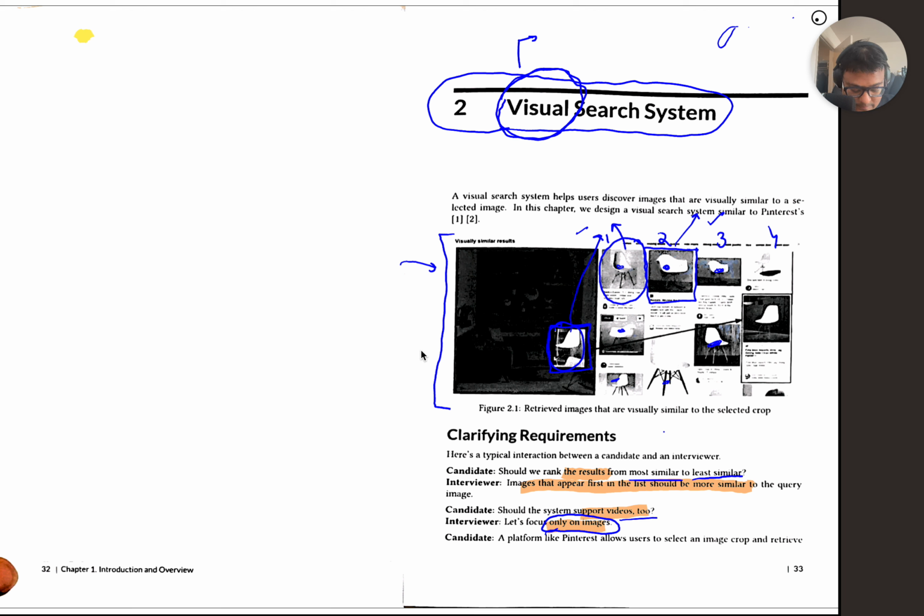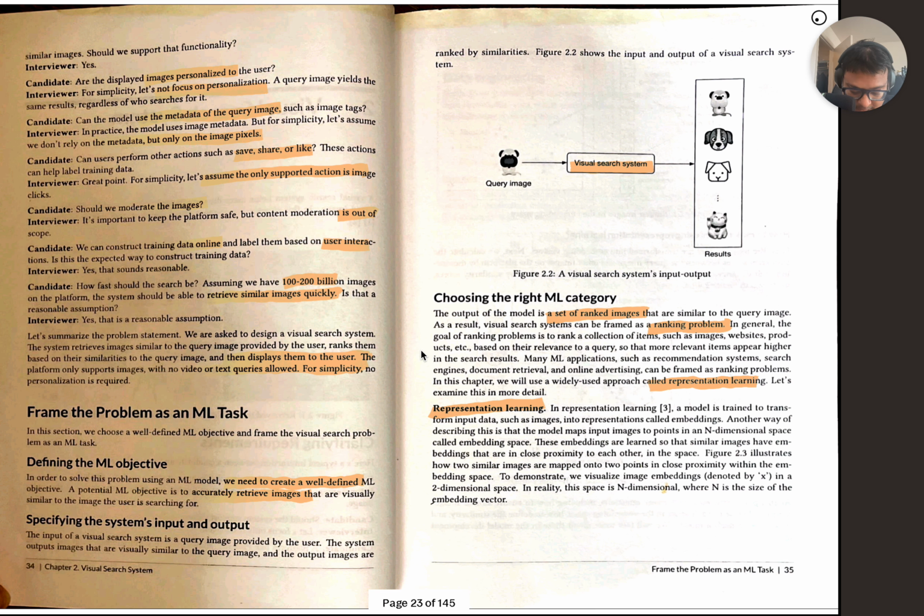Then the other question is whether we should display images which are personalized for a user. For example, if I were to go to Amazon and search for something by a photo, and you were to go there, should it output a different or the same kind of output for both of us?